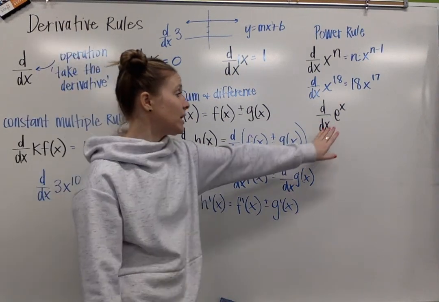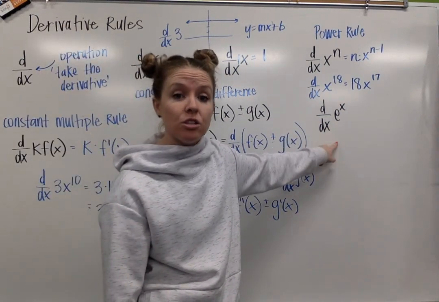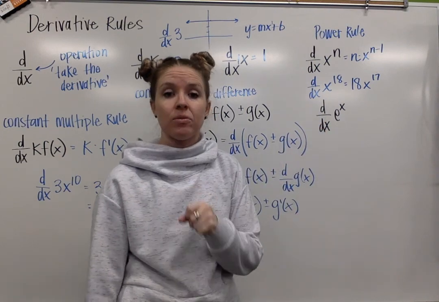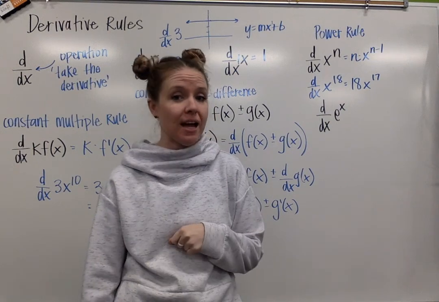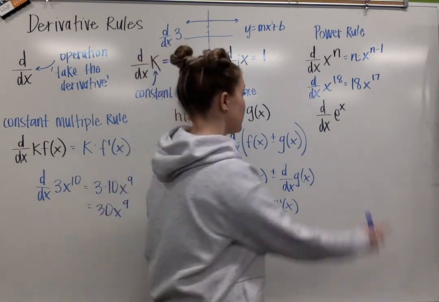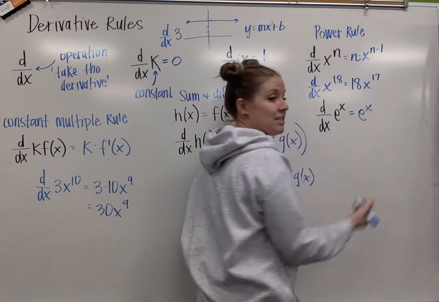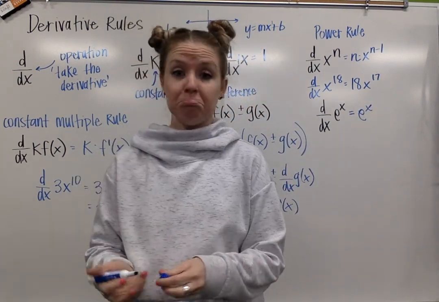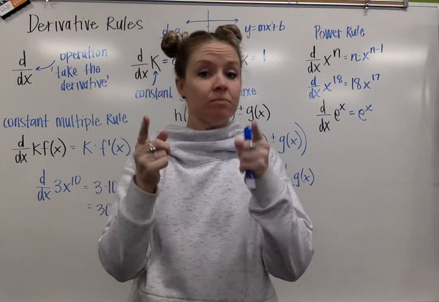Okay, and if you were in class, we talked about this one. I went through the definition to prove it, the derivative of e to the x. We showed how it worked, we showed what it was, but for now, I'm just telling you so you know how to use it. The derivative of e to the x is e to the x. So, we're going to use these derivatives in some examples, so take a look.